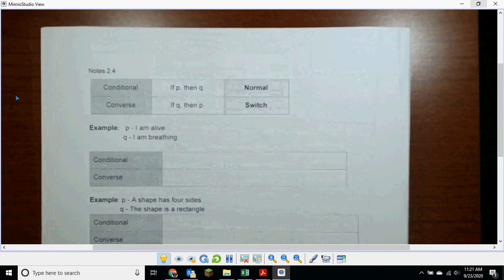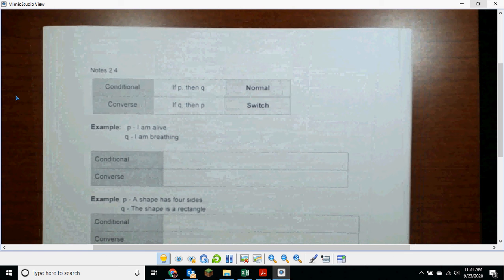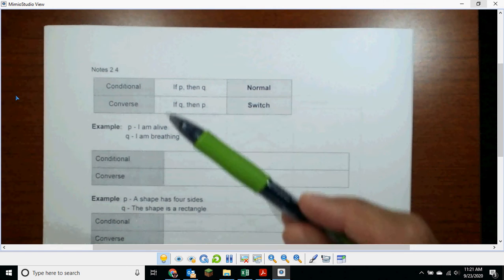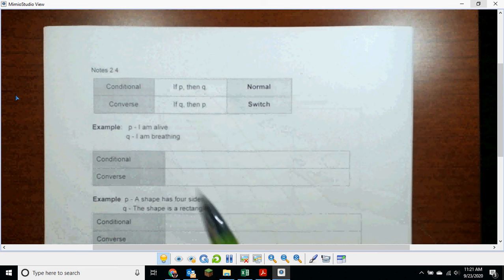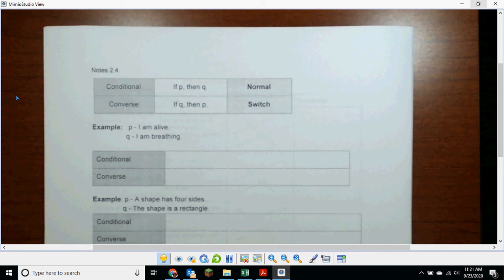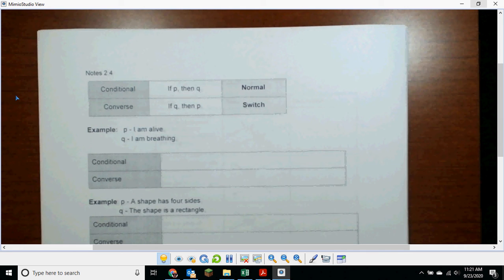All right. So we talk about a conditional and a converse. A converse is when you switch the Q and P, so you put Q and then P, in opposite places.